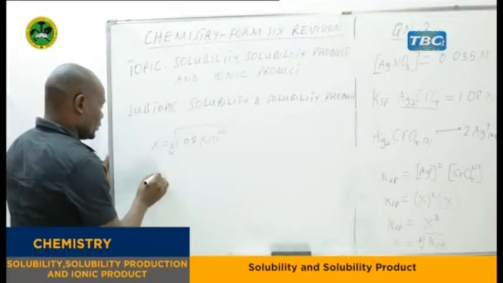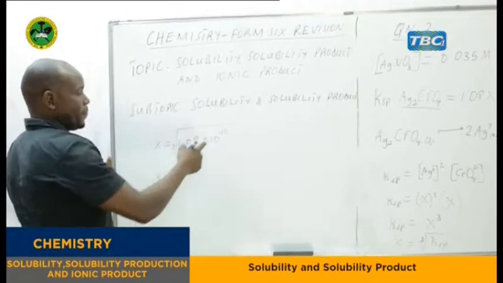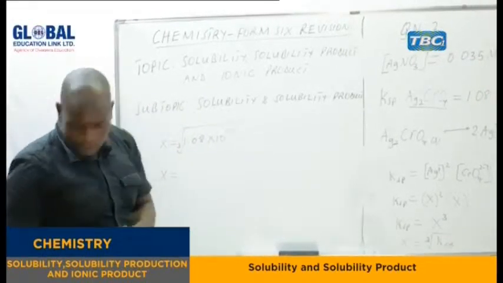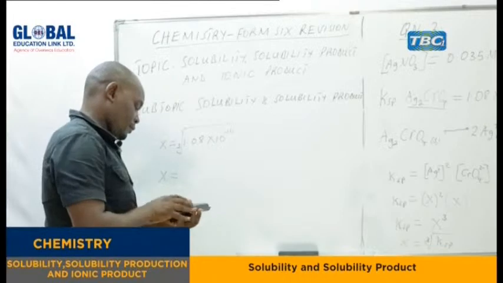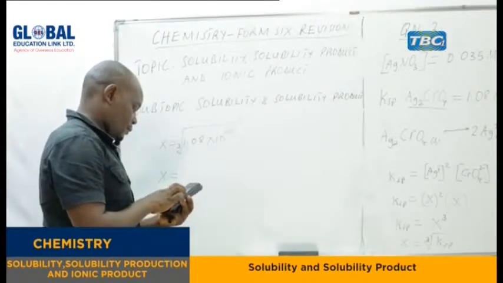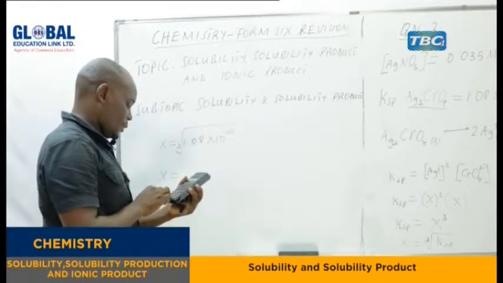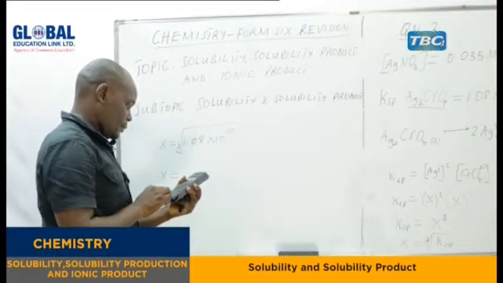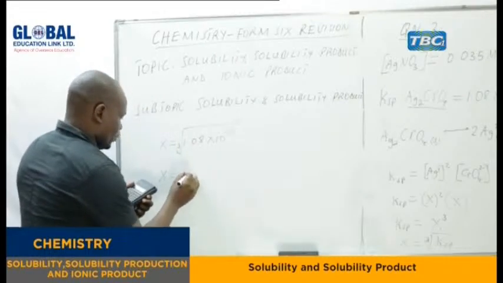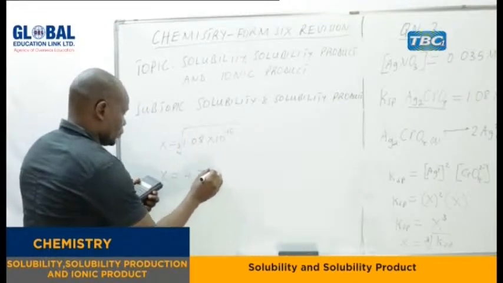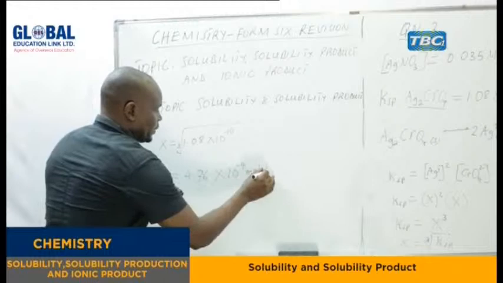If we find the cube root of 1.08 times 10 power negative 10 using your calculator, the answer is approximately 4.76 times 10 power negative 4 moles per decimeter cubed.